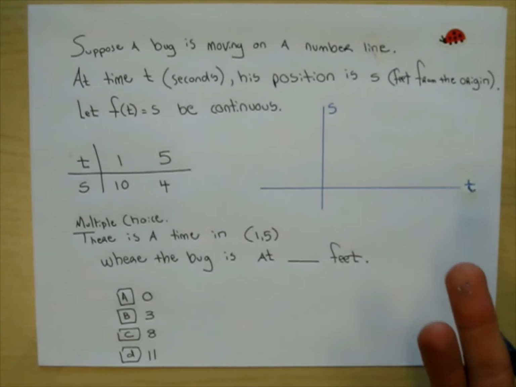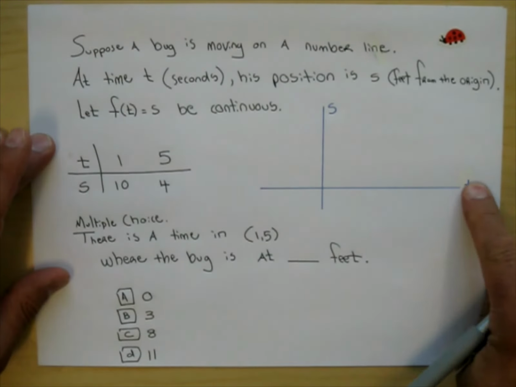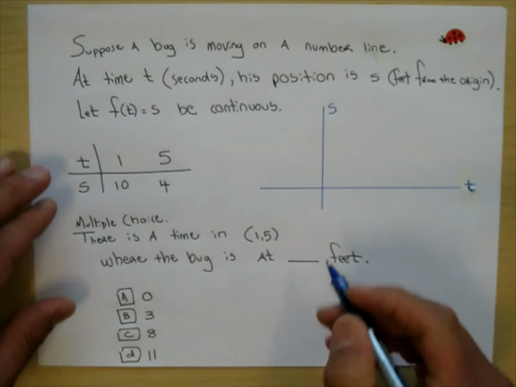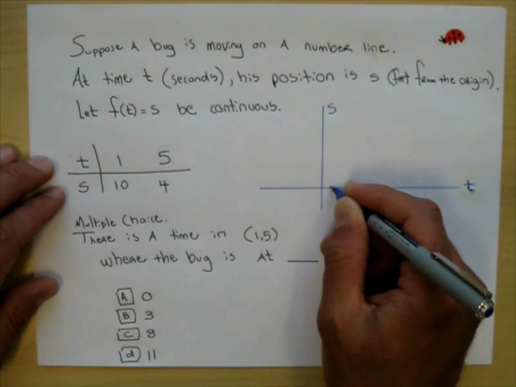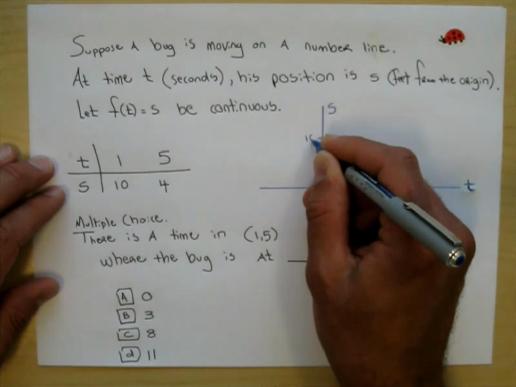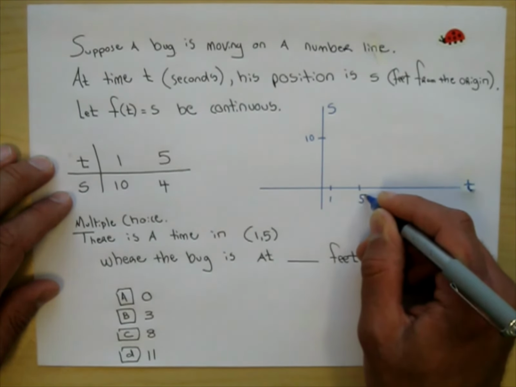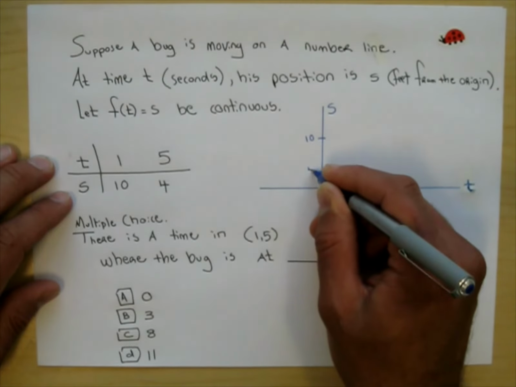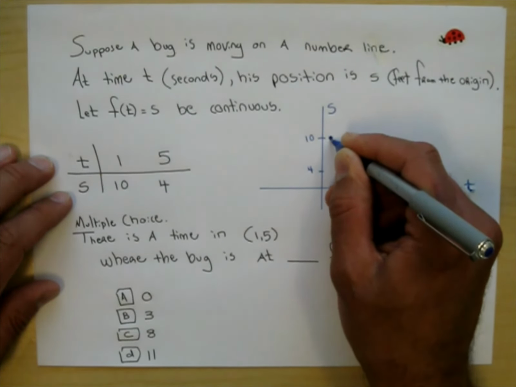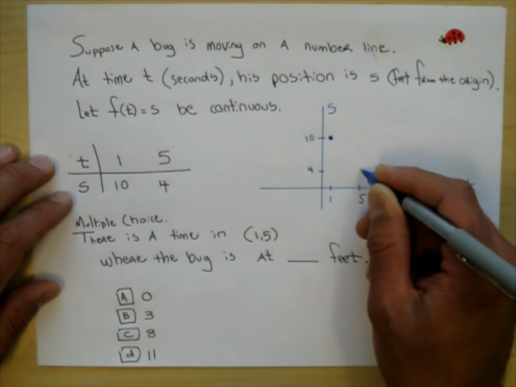Okay. So let's see. At 1 second, the bug is at 10. And at 5 seconds, the bug is at 4. So let's put the point (1, 10) in and (5, 4).